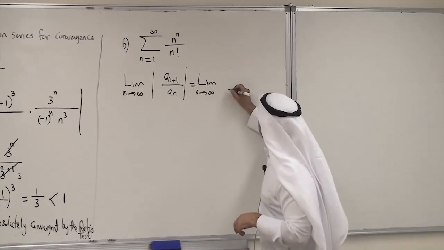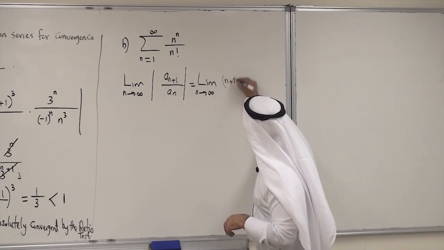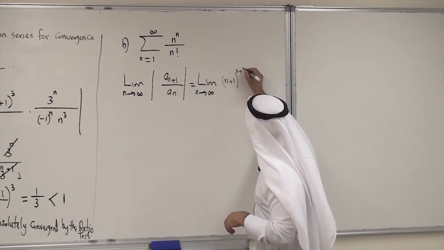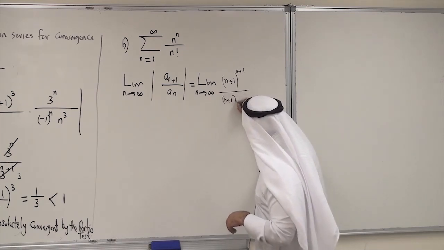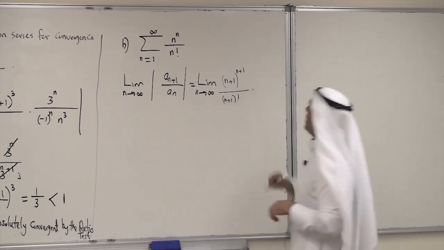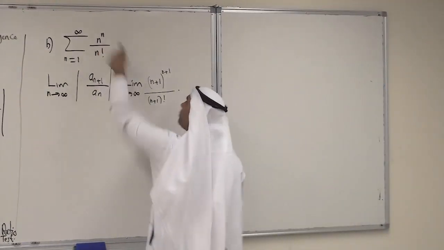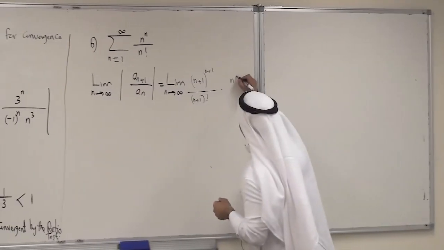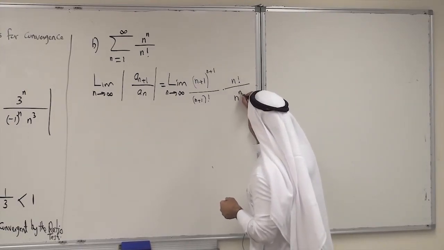What is a sub n plus 1? You are replacing n by n plus 1, so this will be (n plus 1) to the power n plus 1, divided by (n plus 1) factorial, multiplied by, actually it's supposed to be divided by a sub n. I take the reciprocal of this, so this is n factorial over n to the power n.